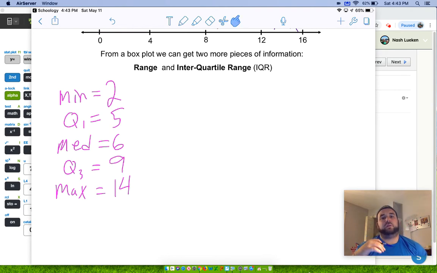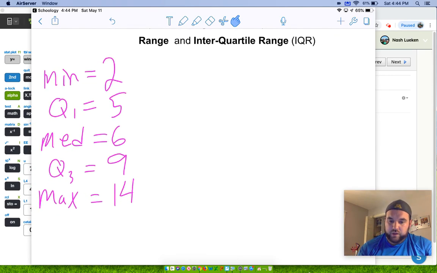So a lot of vocabulary being thrown at you. 2 other pieces of information are really helpful to tell us how spread out the data is. So is it bunched together or is it really spread out far? 2 values that the calculator won't tell you, but they're a pretty quick calculation, are the range of the data set.